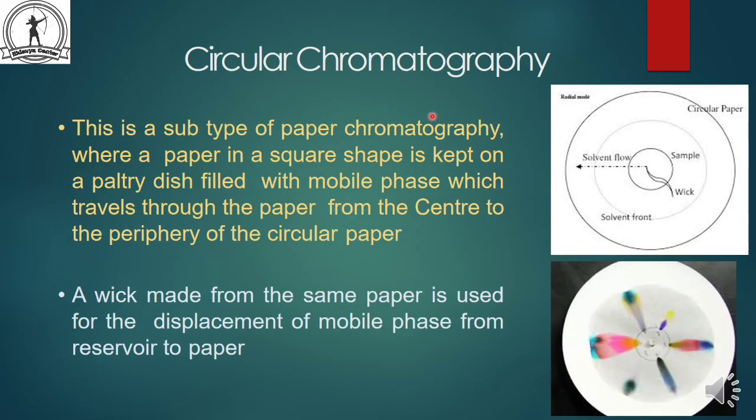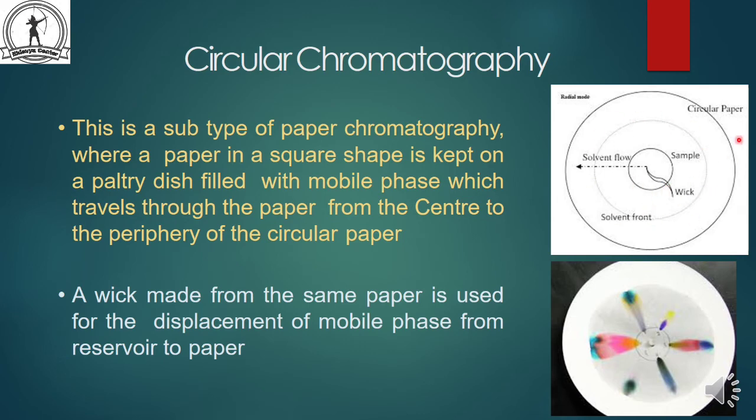Third, circular chromatography. In circular, this is a subtype of paper chromatography where a paper of square shape is kept on a petri dish filled with mobile phase, which travels through the paper from the center to the periphery of the circular paper. So see this image.